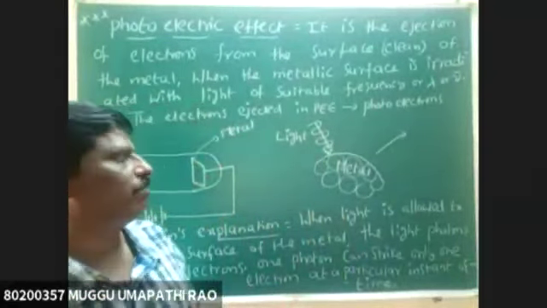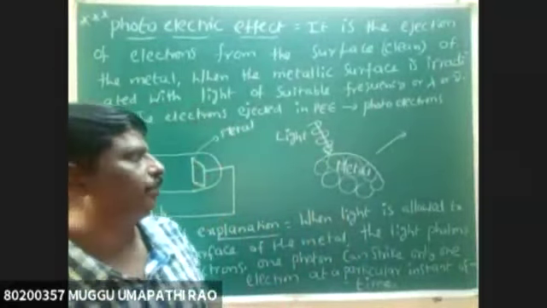Very interesting observation: when light of suitable frequency falls on the surface of the metal, electrons are ejected from the surface of the metal.